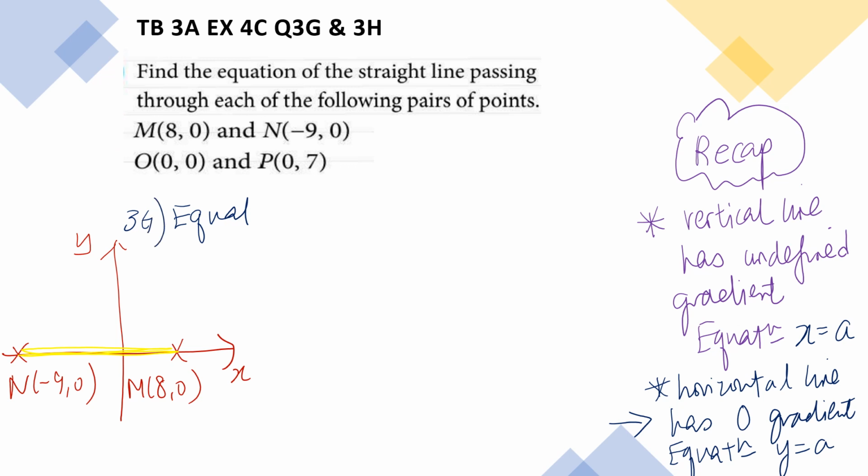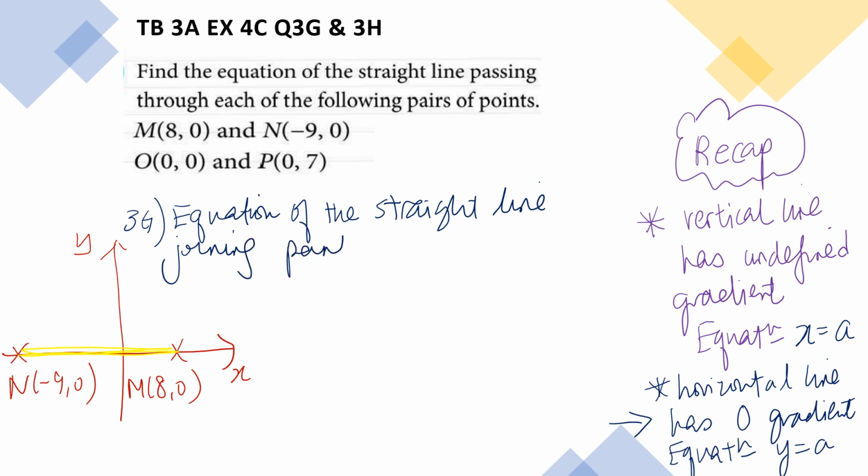So for question 3G, the equation of the straight line joining points M and N is y equals 0. Okay, right.